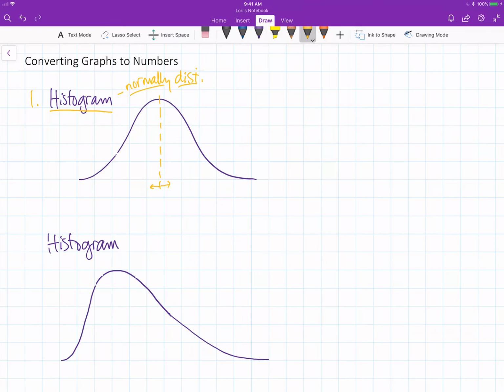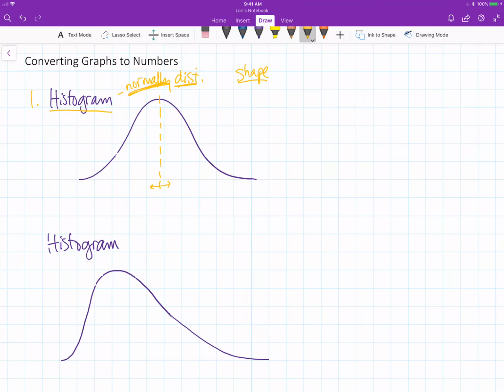there are three things about this normal distribution that really define it as being normally distributed. The first one is exactly that whole idea of it being symmetrical and bell-shaped, which is the shape. If you have something that's symmetrical and has this bell shape, then that's what we call normally distributed.